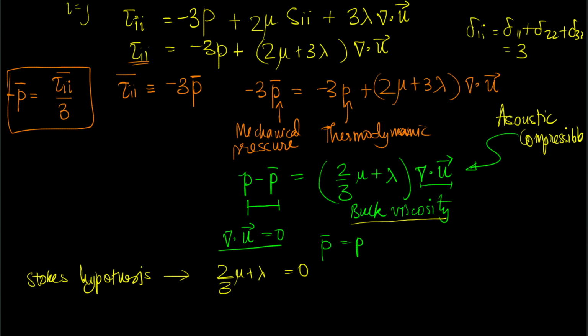So now, what have we inferred so far? We know that tau ij is minus P delta ij plus 2 mu Sij plus lambda times the divergence of the velocity.